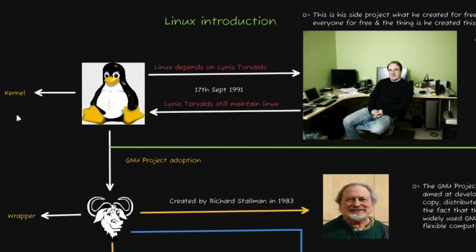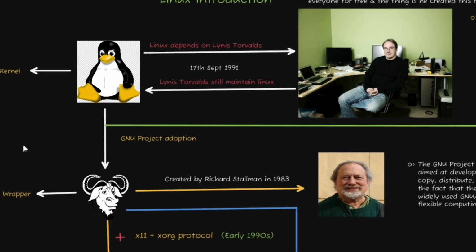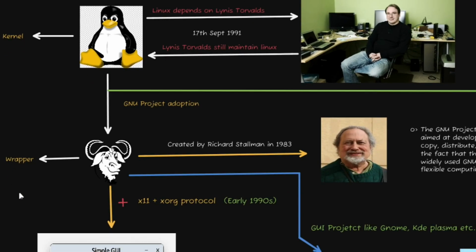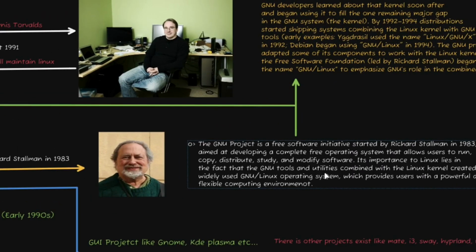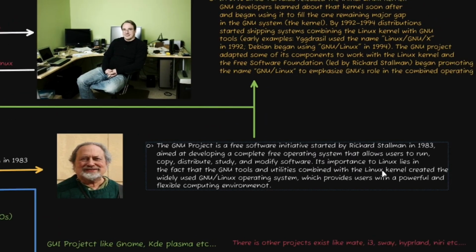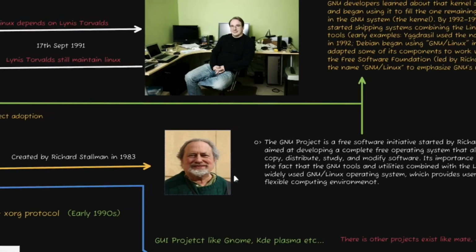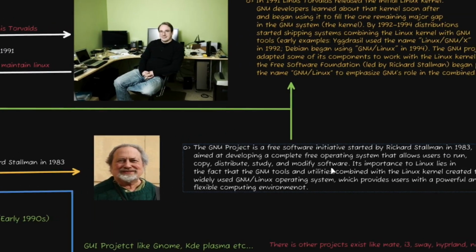Now, in the 1990s, okay, in the 1990s, how did a Linux user use it? That time, thanks to Richard Stallman, who created the GNU project in 1983, the project provides users the freedom to run, copy, distribute, study, and modify software.